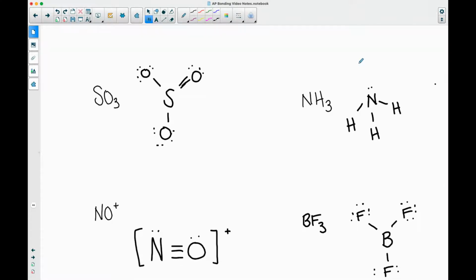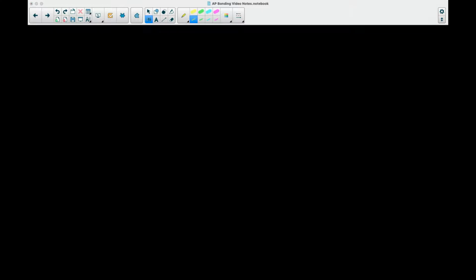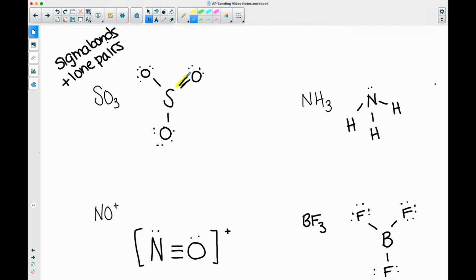So now we have SO3. Basically, we're going to find the hybridization by counting up sigma bonds plus lone pairs. Remember, sigma bonds are going to be the first bond in any multiple bond, as well as any single bond.